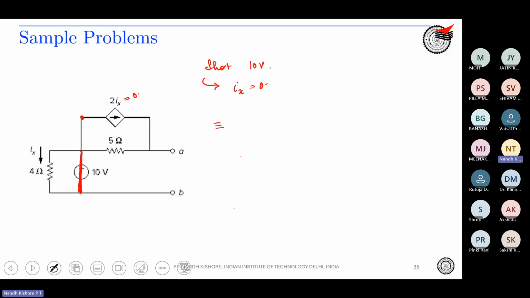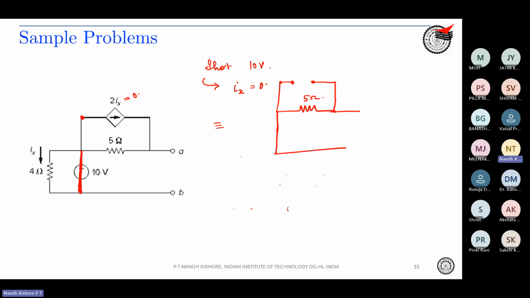So there is no current here, and you get only A, B. The only resistor is 5 ohm, so R Norton is basically 5 ohm.